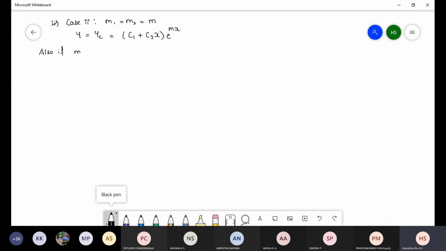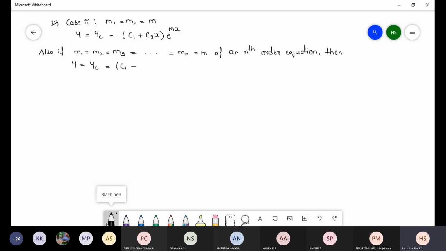if m1 is equal to m2 is equal to m3 up to mn, that is equal to m, of an nth order equation, then y is equal to yc. So here how do we write for more than two roots?